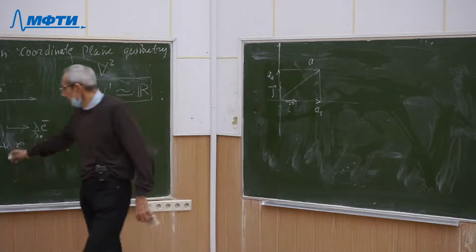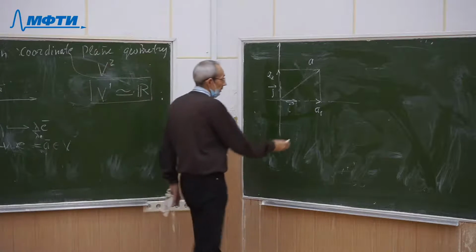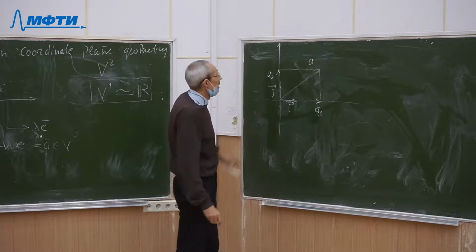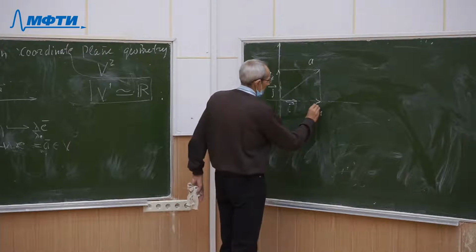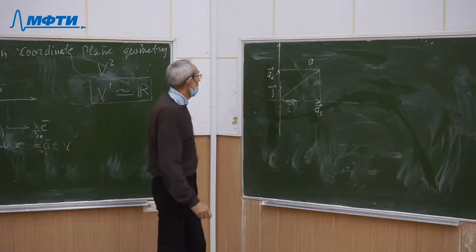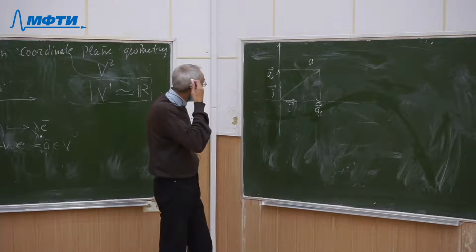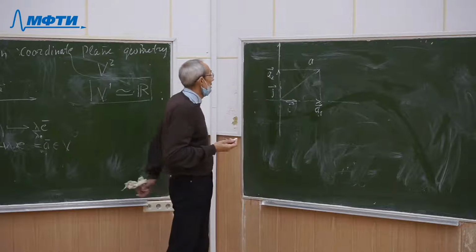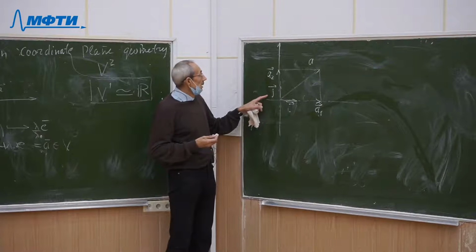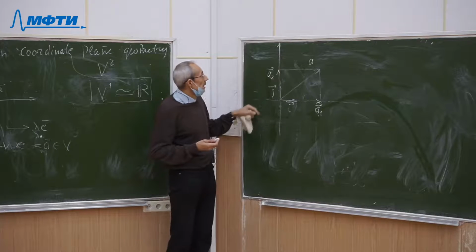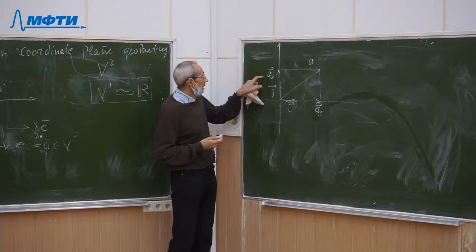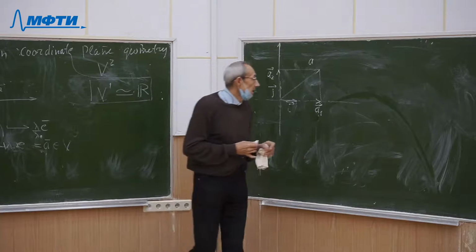And after that we can use the previous correspondence and correspond to vector A1 some number which is equal to the length of this vector, and to vector A2 also the number which is the length of this vector, with the same sign if the orientation is the same as I or J, and the opposite sign if the orientations are opposite.